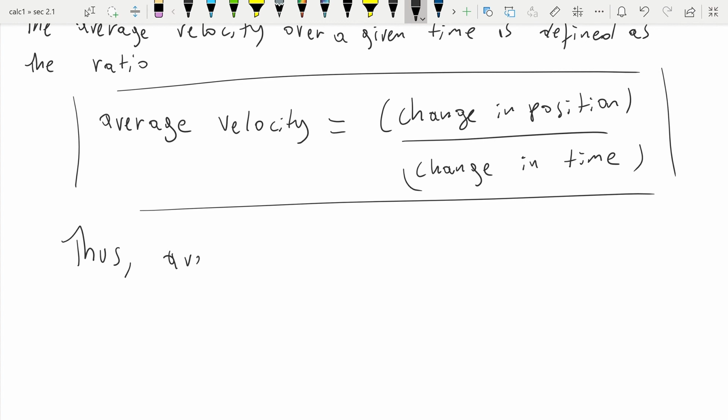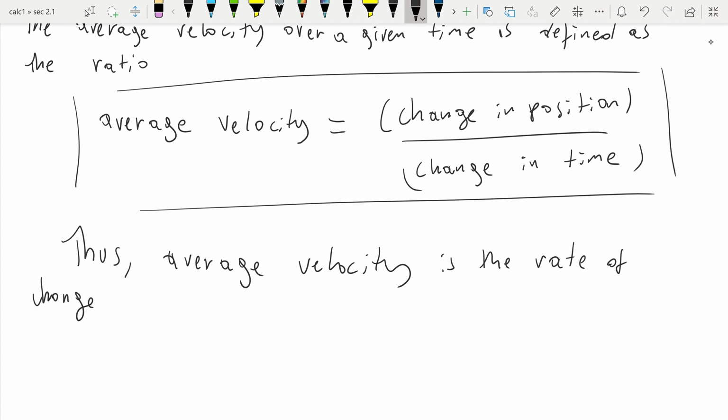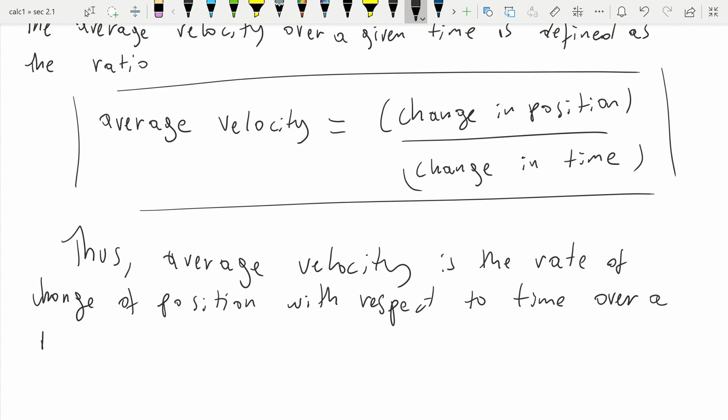Thus, average velocity is the rate of change of position with respect to time over a particular interval.